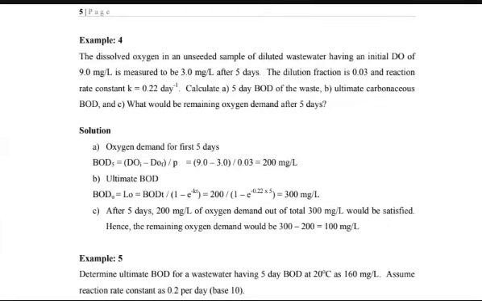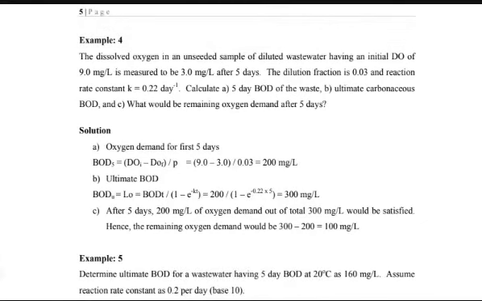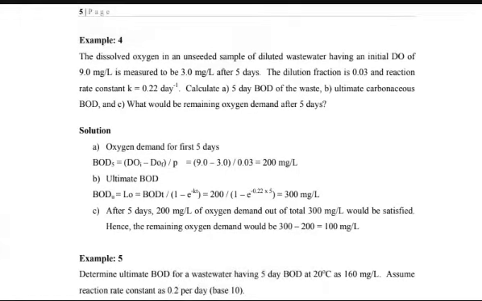The dilution fraction is 0.03, and the reaction rate constant K is 0.22 per day.